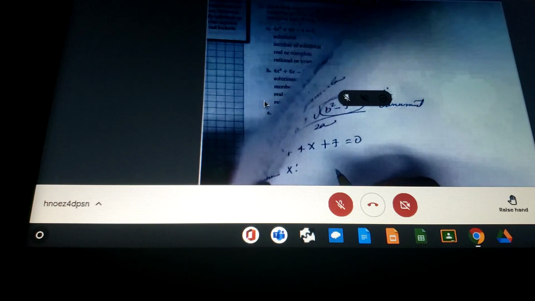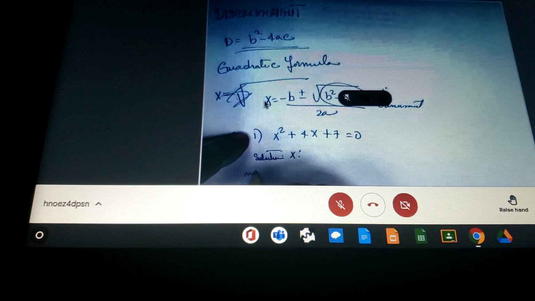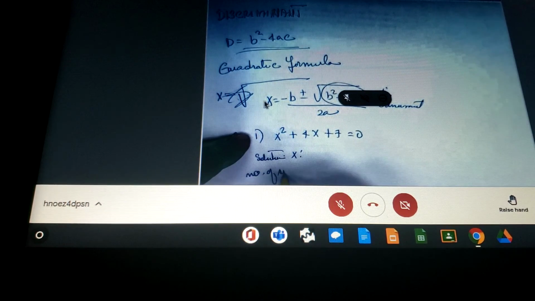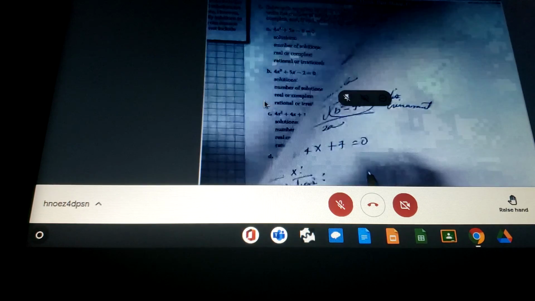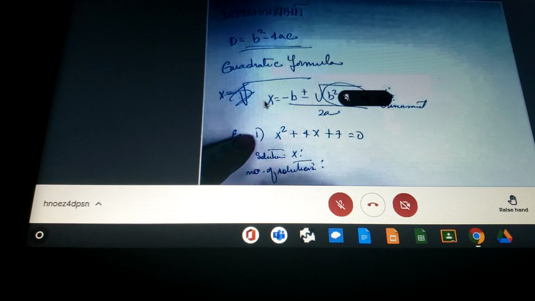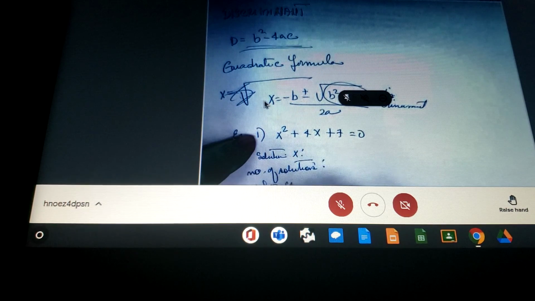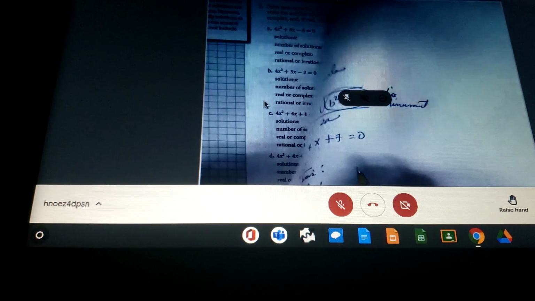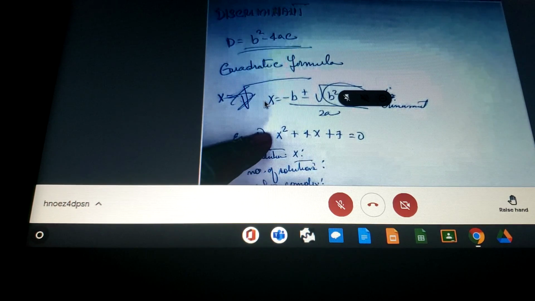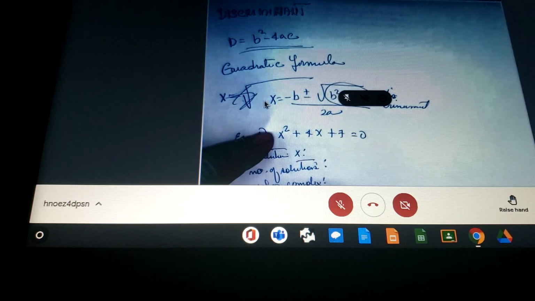And the number of solutions. And the next question, real or complex? And the last one, rational or irrational?